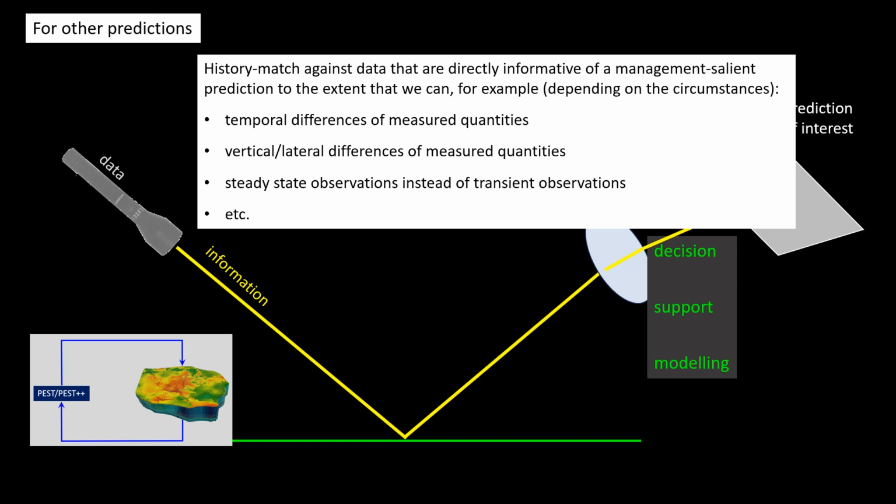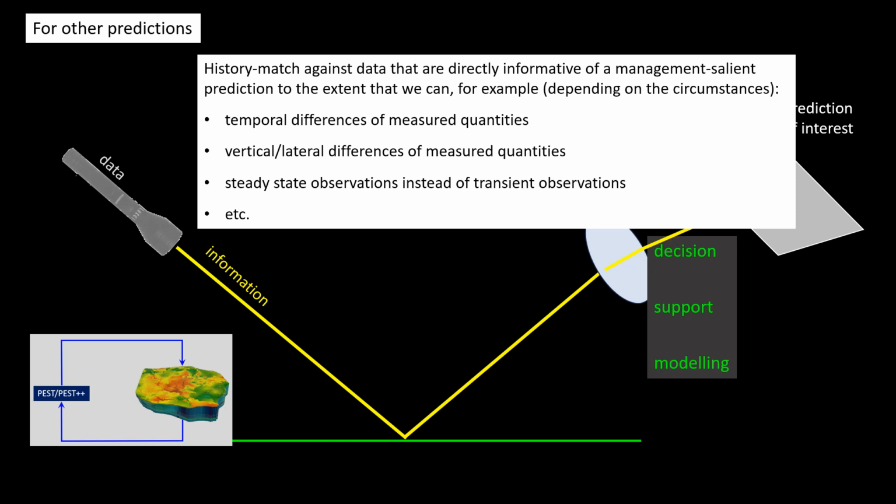Then perhaps we can formulate the objective function that we use in the history matching process such that historical differences that are pertinent to the predictive differences are accentuated. And therefore, the model has a direct line of sight to the information which is most pertinent to the predictions that it has to make.